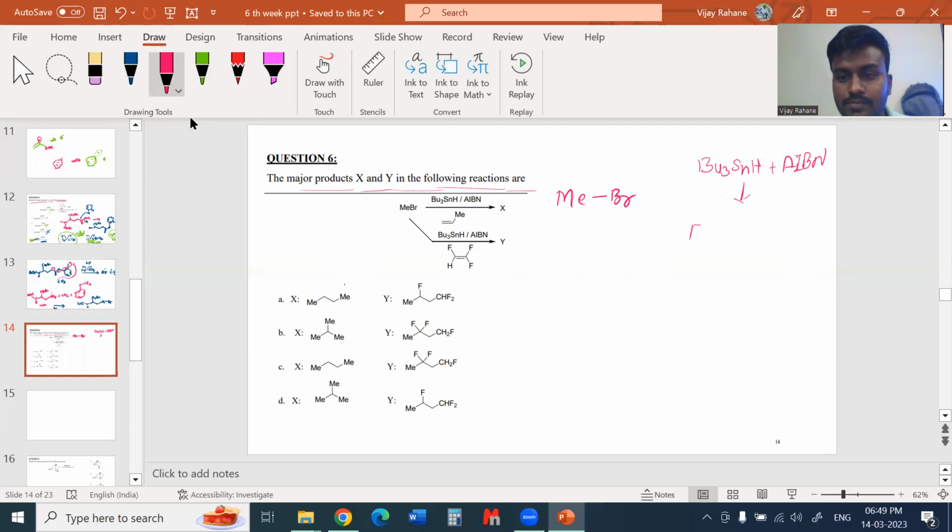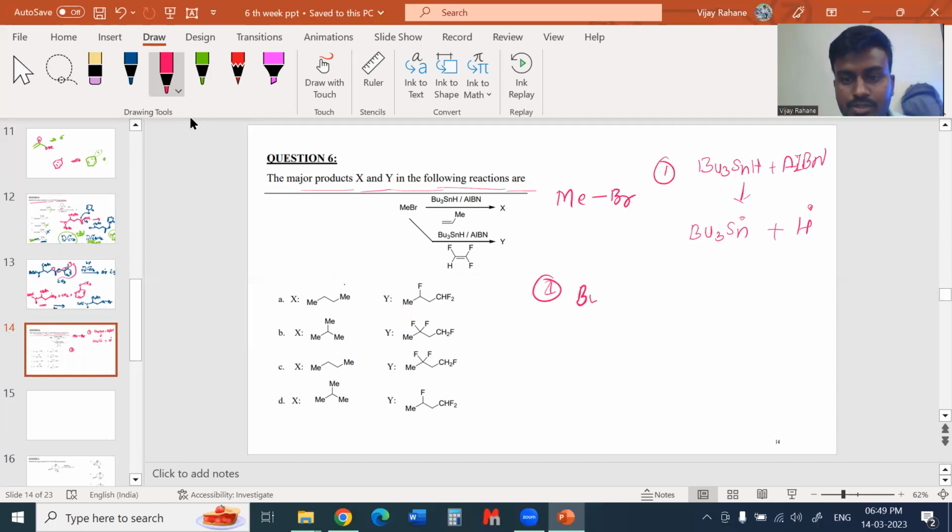They give the Bu3Sn radical and hydrogen radical, right? We all know this AIBN helps to form a radical from this Bu3SnH, and then in the second step, what happened?